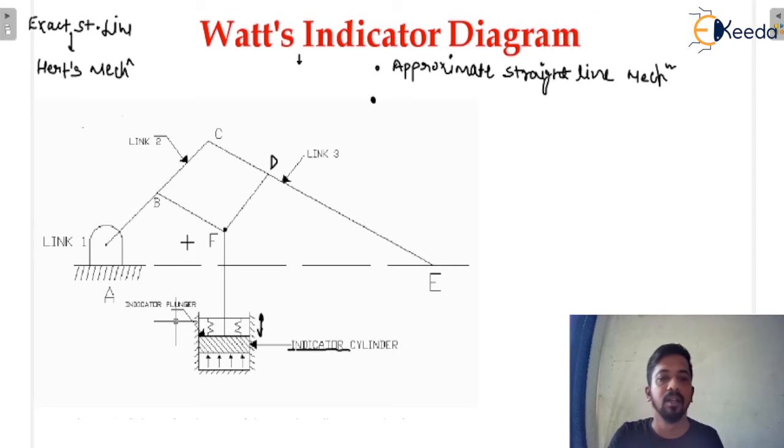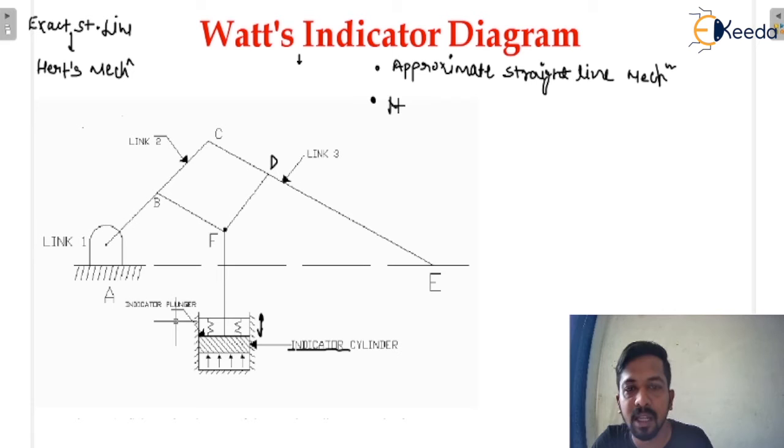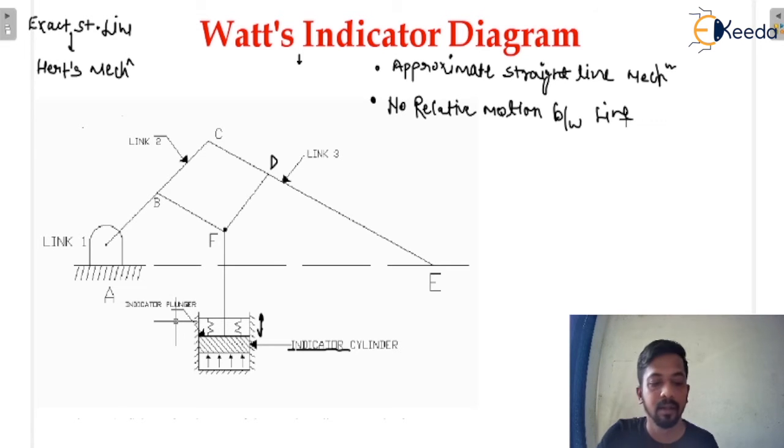Now next point. See here, there is a link BF and FD. This is the complete one link. There is no relative motion between BF and FD. So I'm going to write here that there is no relative motion between link BF and FD.